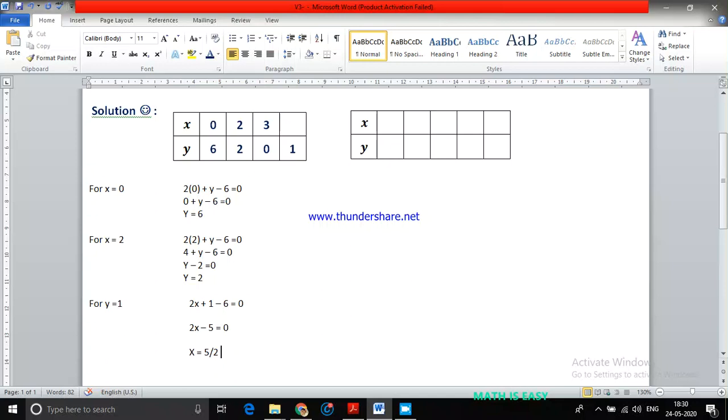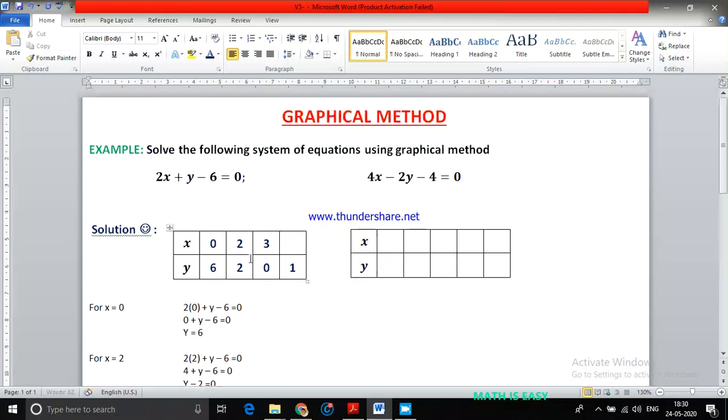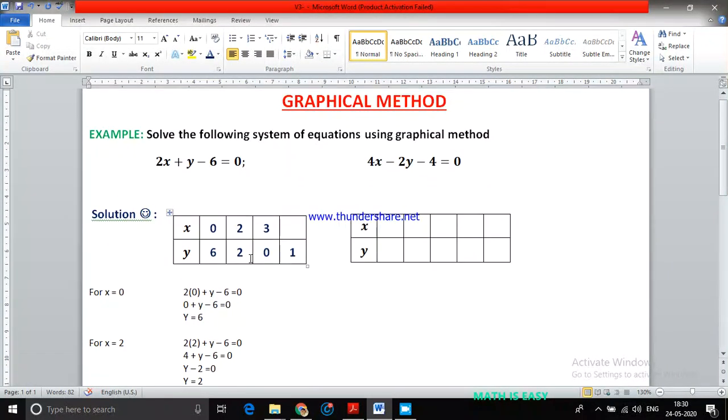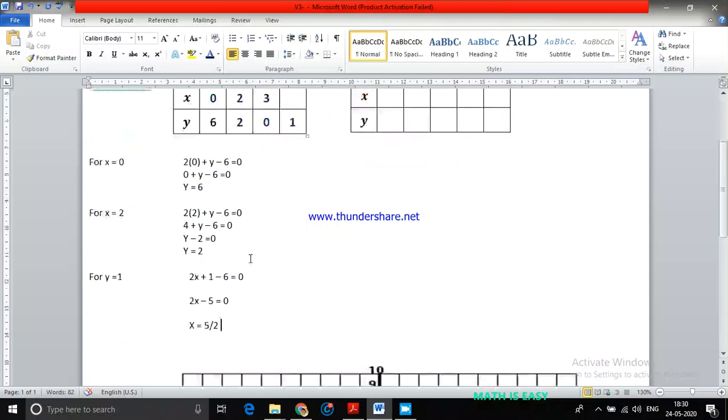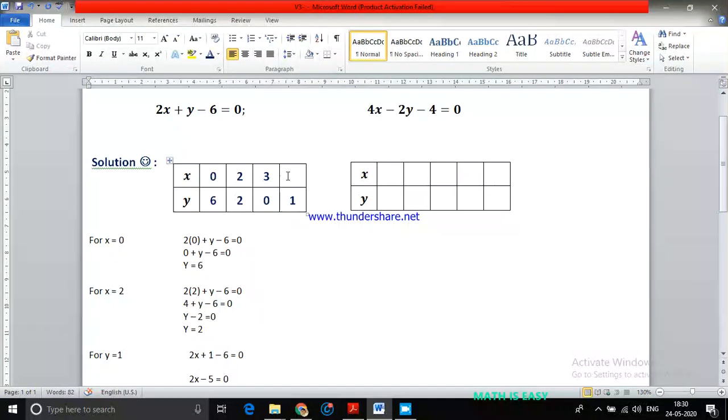If you are getting other than that, for example 2.1 or 7.32, in any other equation, avoid those. If I take x value as, for example, minus 1, and I am getting y equals 7.32 in some question, then avoid those x values, okay? Don't go for fractional values, try to get direct values.